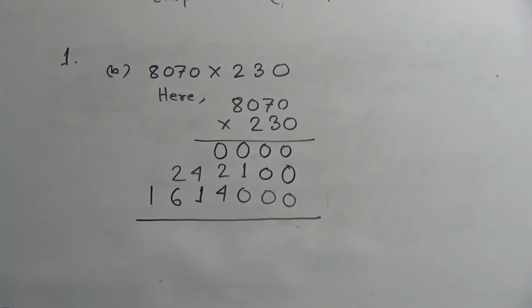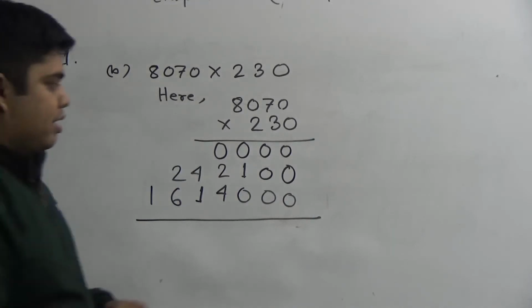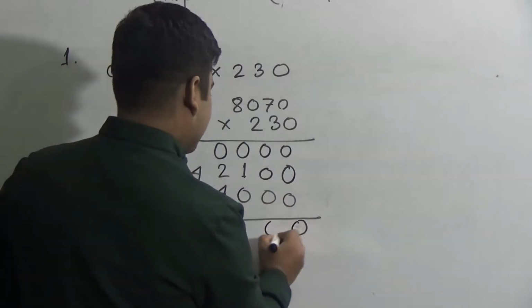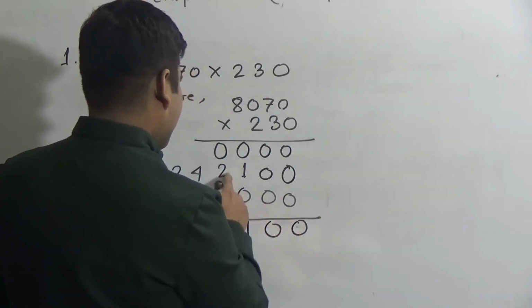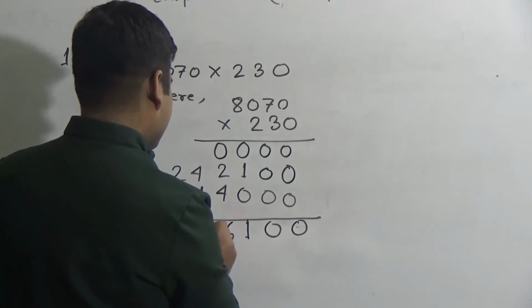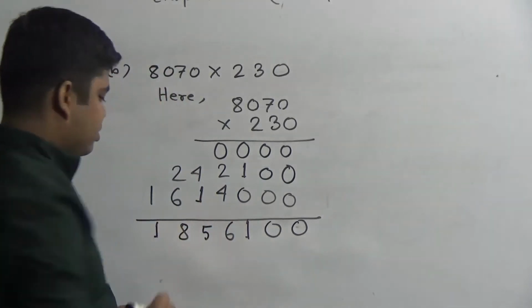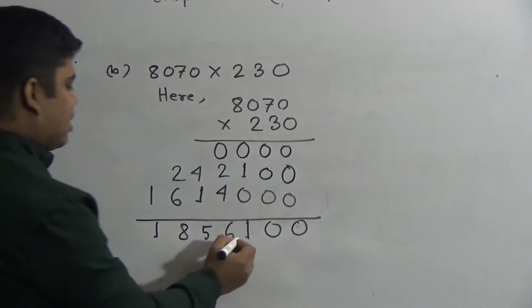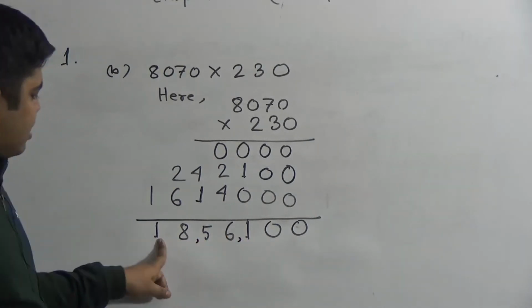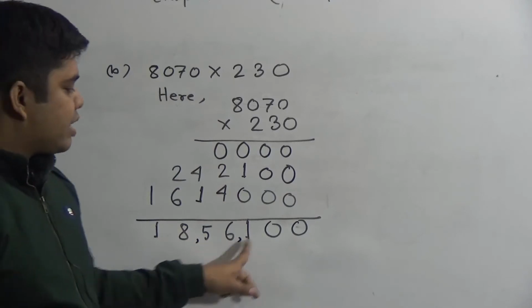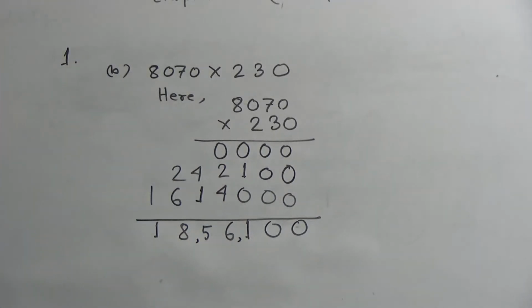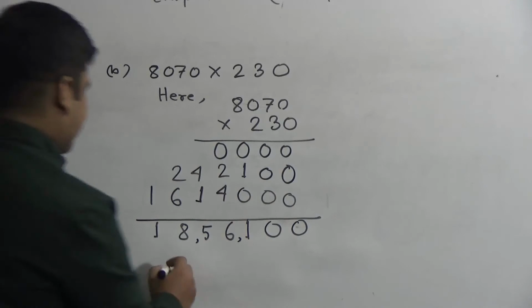Okay, as multiplication is the short process of summation, so we add this. 0, 0, 1, 4 plus 2, 6, 4, 1, 5, 6, 2, 8 and 1. So what is the answer? 18,56,100. Okay, I hope you have understood.